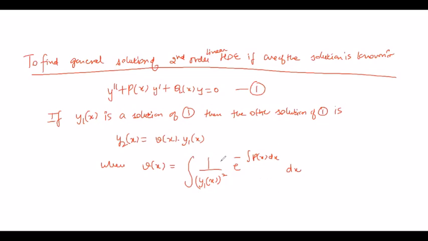So this is the formula you have to remember: if I know one solution y1, then I can find the other solution y2 by multiplying y1 with another function v(x).